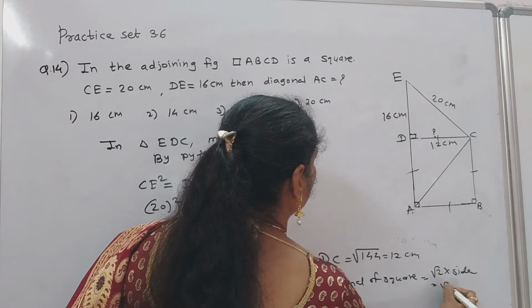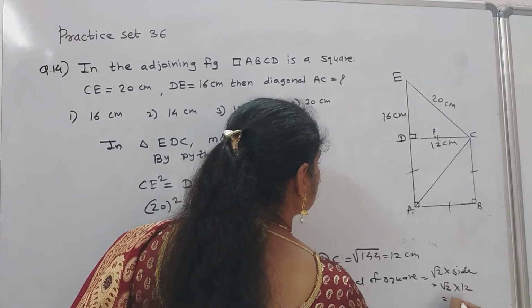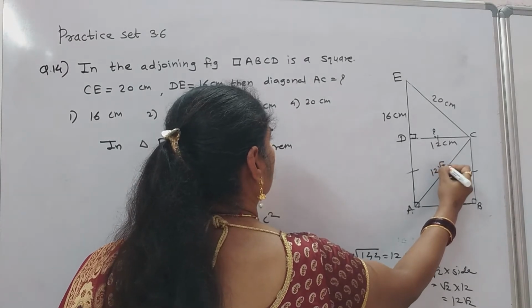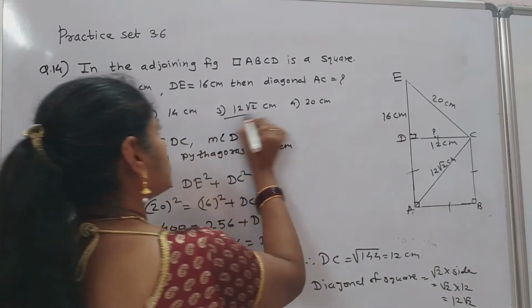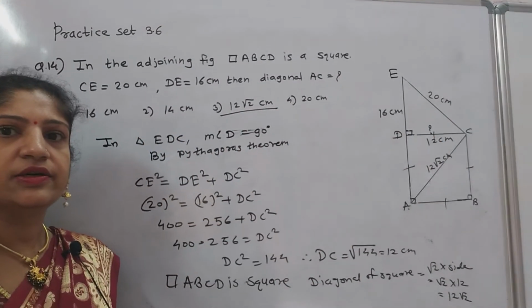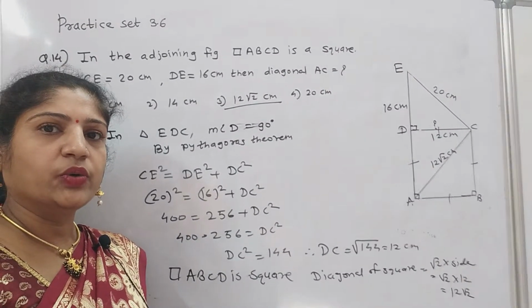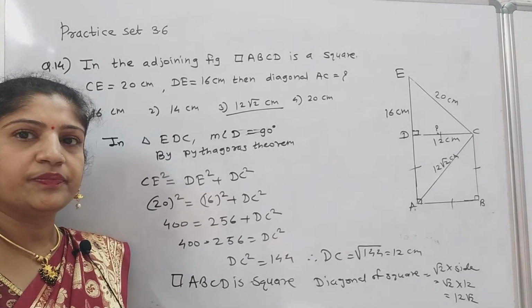So root 2 into side 12, answer is 12 root 2. This diagonal is 12 root 2 centimeter. So option number 3 is the correct answer.